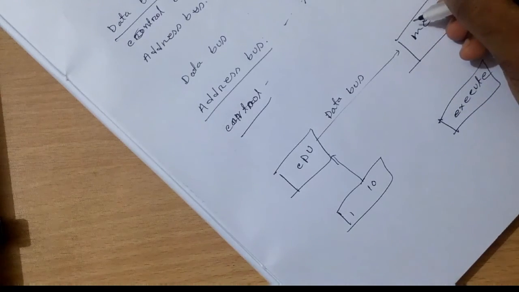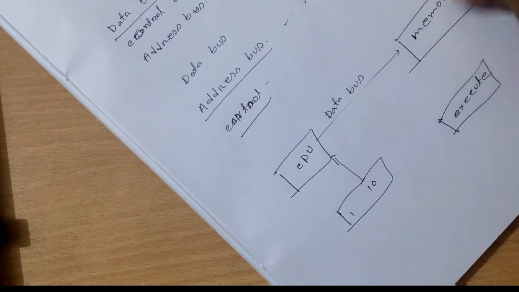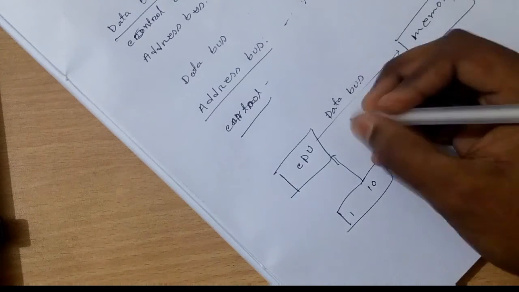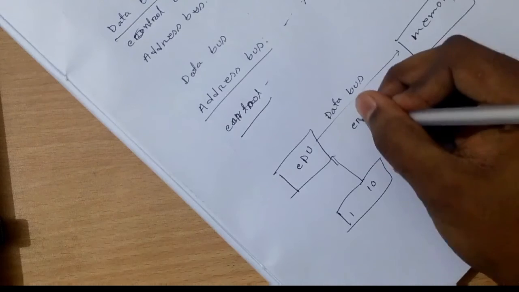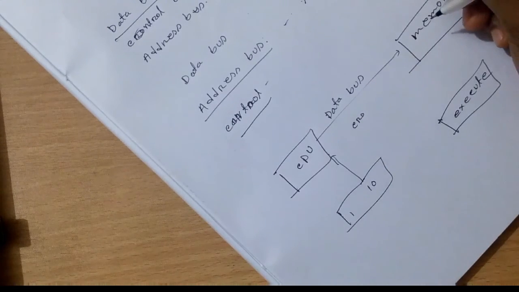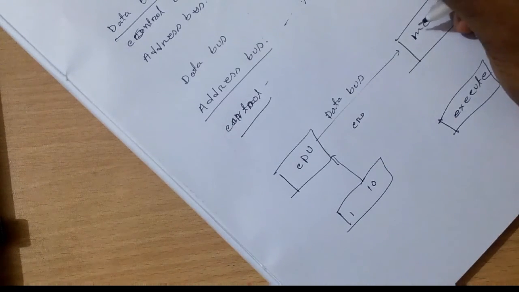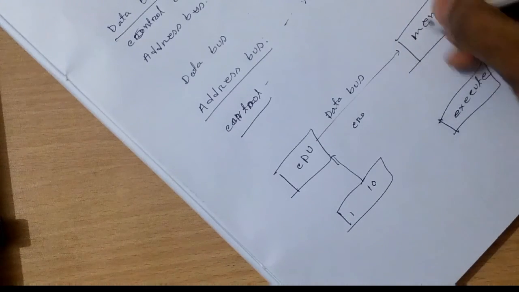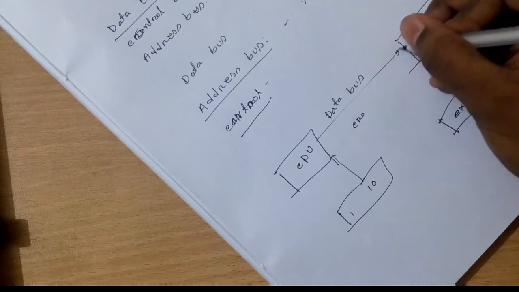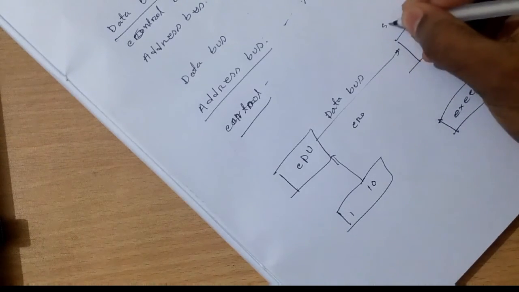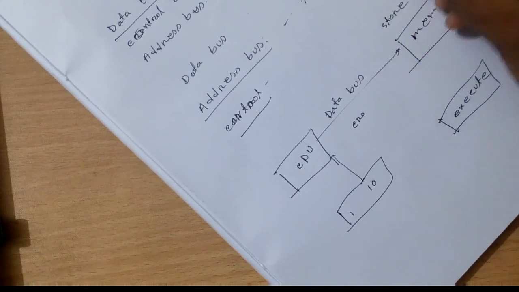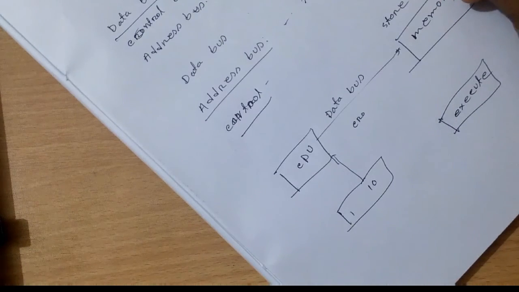Which location it is stored at is controlled by the control bus, and the location where it is stored is then determined by the address bus.